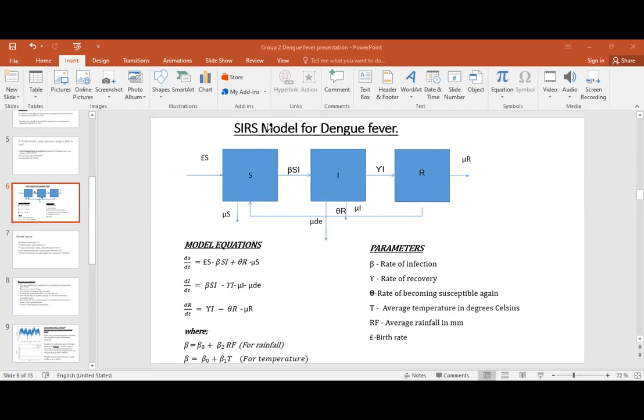And we know that the variation in climate factors like temperature and rainfall affects, for example, the vegetation distribution or the vegetation cover, and the vegetation cover defines or enables the survival of the vector.